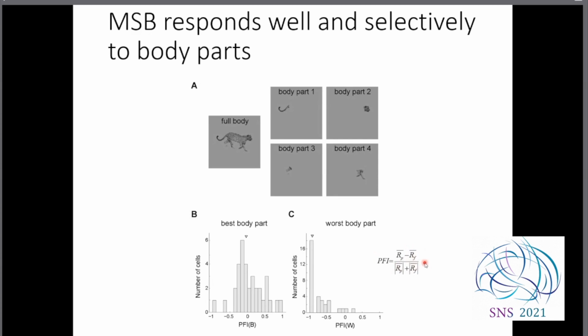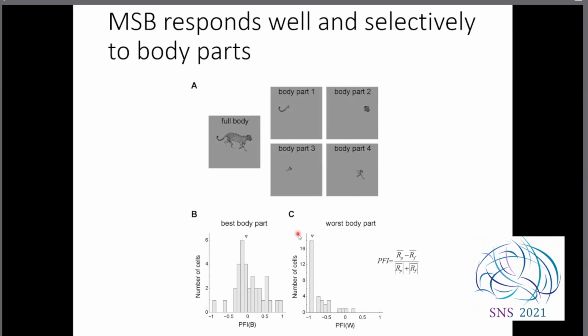This index is 0 when you have an equal response to the part and the full body. The best parts were determined in an unbiased way, using half of the trials, to avoid circularity. These are technical details. The index is close to 0 for the best body part, usually an extremity like a limb, to which the neural response is as good as to the full body.